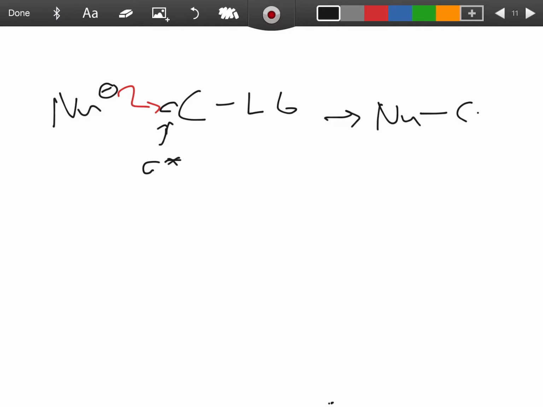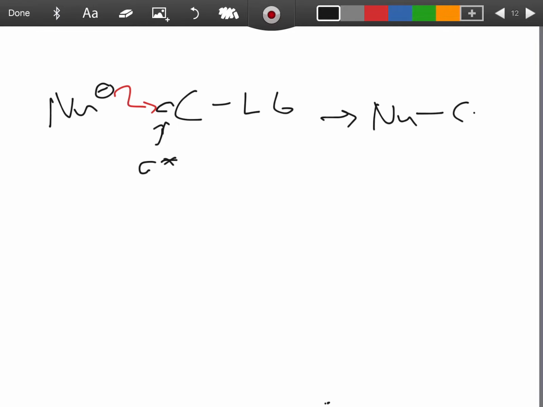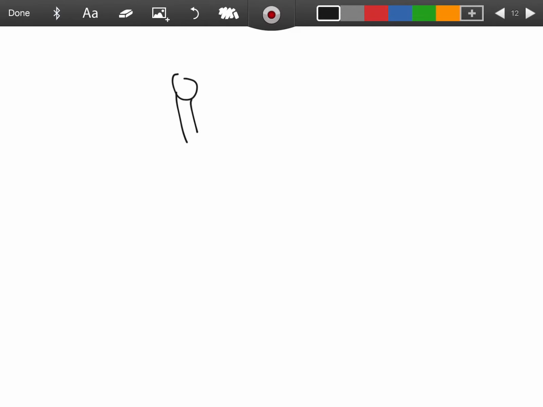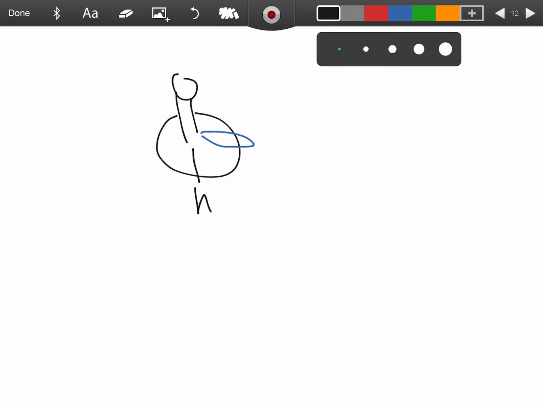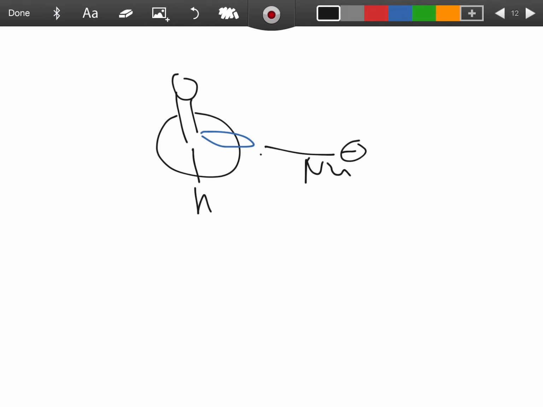As you fill that orbital, you break one bond, and it allows you to make the new bond. So the Bürgi-Dunitz angle is where that orbital that you have to stick your electrons in is.